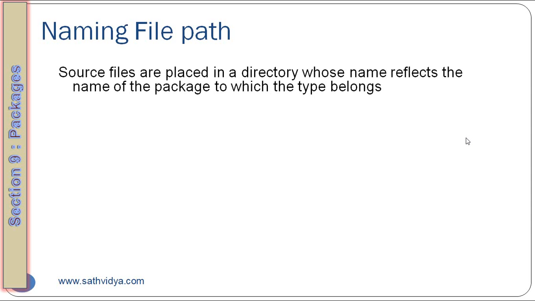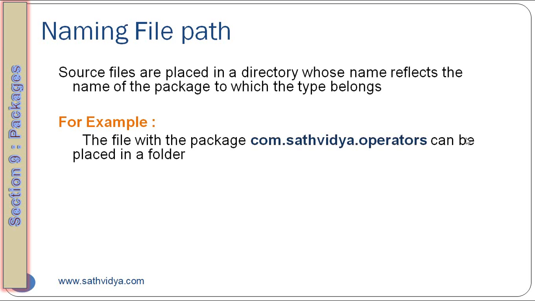Source files are placed in a directory whose name reflects the name of the package in which the type belongs. For example, if you have a file called arithmetic.java, and that file is in the package com.satvidya.operators, then to store arithmetic.java in a folder we follow the package path and create folders. We create the com folder, the satvidya folder and the operators folder, and finally we put that file in the operators folder.